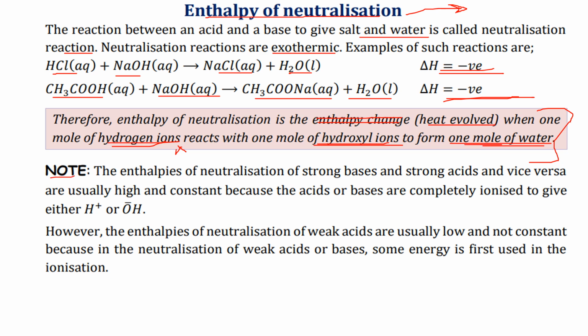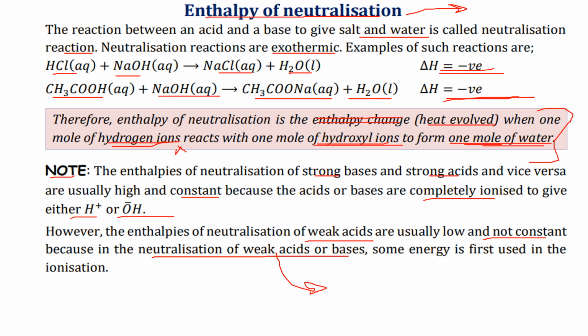You're going to note that the enthalpies of neutralization of strong bases and strong acids are usually high and constant, because the acids or bases are completely ionized to give high concentrations of hydrogen ions and hydroxyl ions. However, the enthalpies of neutralization of weak acids are usually low and not constant, because in the neutralization of weak acids or bases, some energy is first used up to make these weak acids ionize.